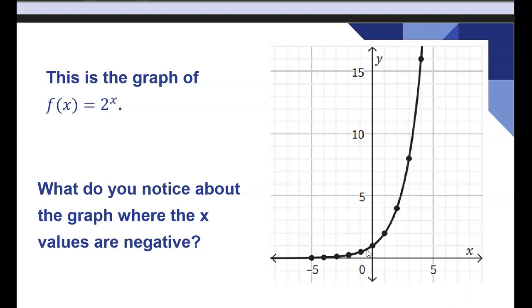Well, it looks like the y values are getting smaller, right? They're going down, but they're getting closer and closer and closer to 0, but they don't seem to ever quite go negative. It's like there's a line right here that they never cross. So they're getting smaller, but they're never going negative.